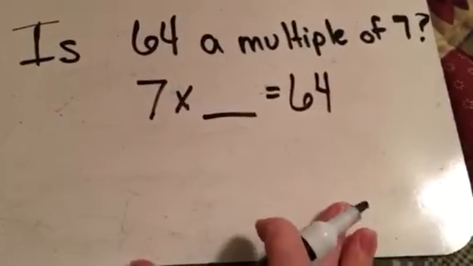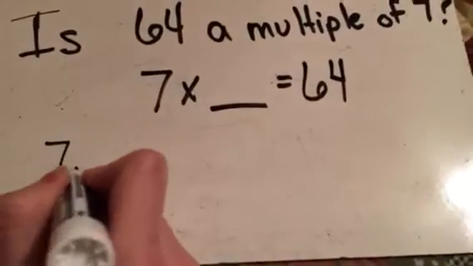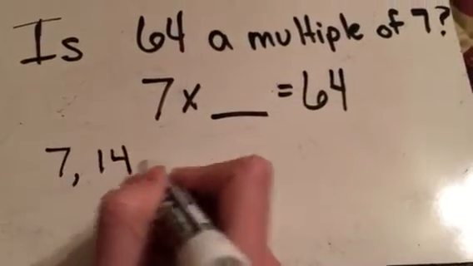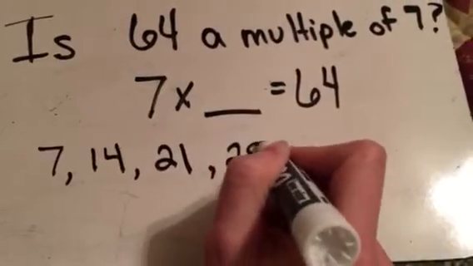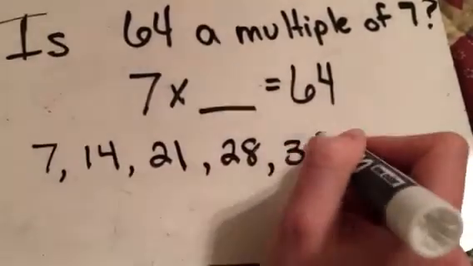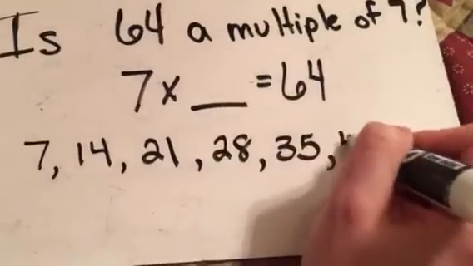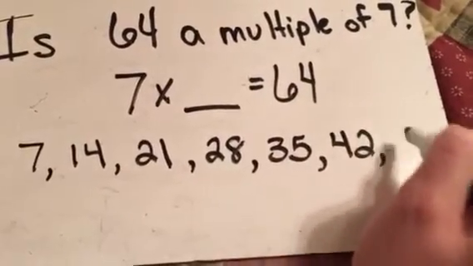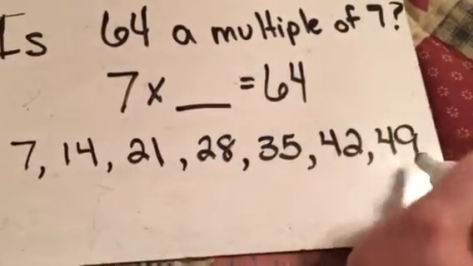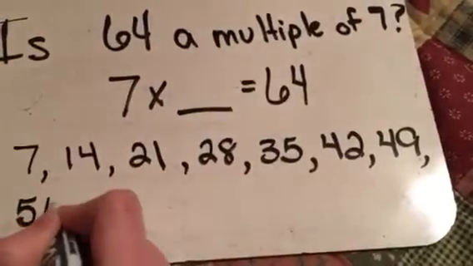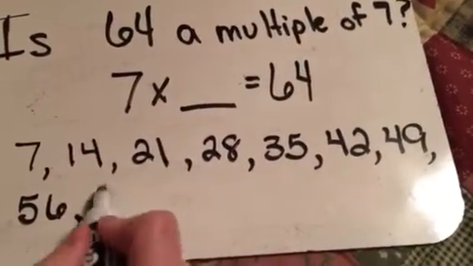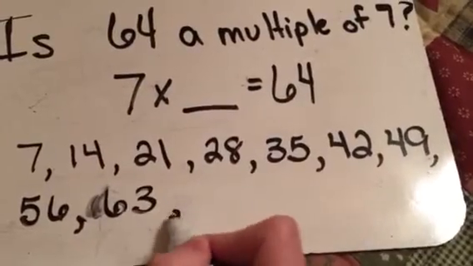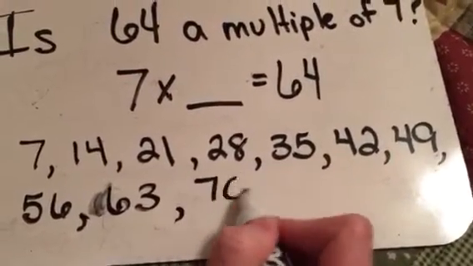So we can start saying 7 times 1, 7 times 2, 7 times 3, 7 times 4, 7 times 5, 7 times 6, 7 times 7, 7 times 8, 7 times 9, and 7 times 10.